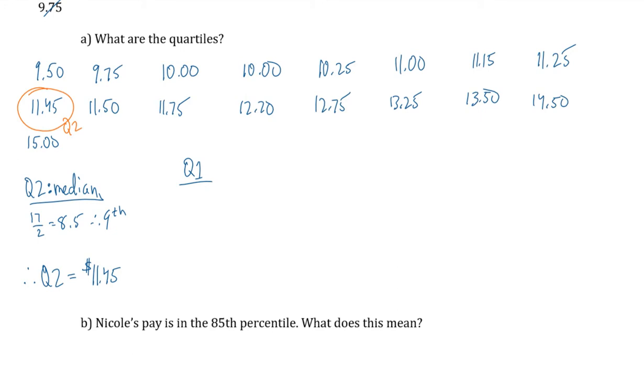So when I'm finding the middle of those 8, it's going to be the 4th and the 5th. So it's going to be the middle of those two, right? So just like median, if we have an even number of data points, we take the two middle values and we take their average.